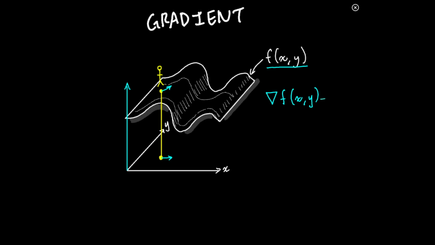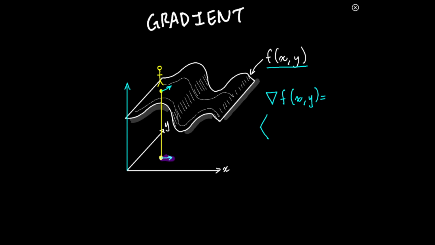And this function is characterized by the fact that it spits out a vector. What does it spit out as a vector? It spits out this vector right here. You give it some point, and it gives you this vector down here for that point.